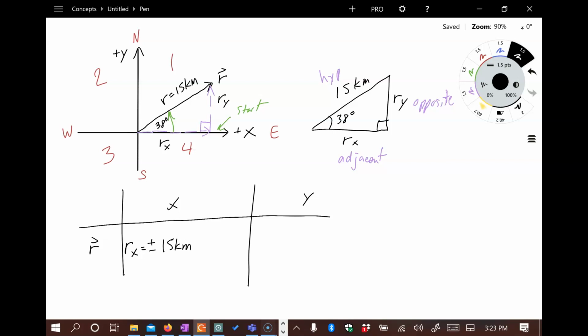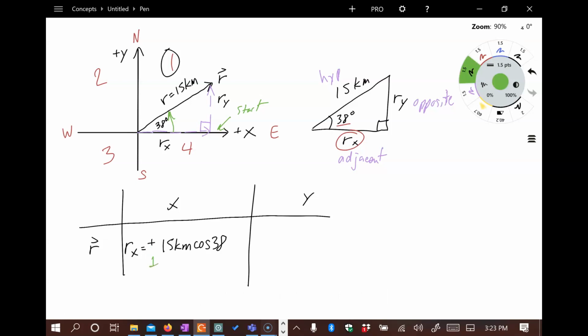I need to look at the triangle and ask, for Rx and the angle 38, is it adjacent or is it opposite? If it's adjacent, it's cosine. And we see that it's adjacent, so we just write cosine 38. And we have to check the quadrant. First quadrant, so it's going to be the plus sign.